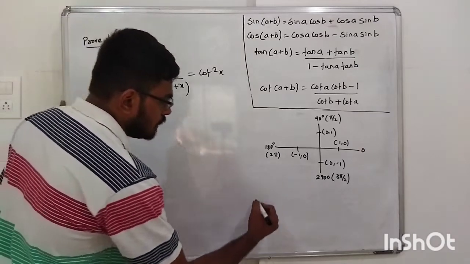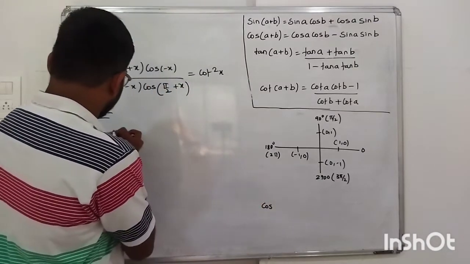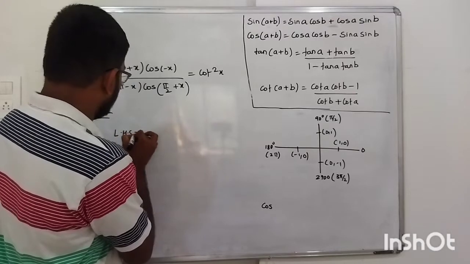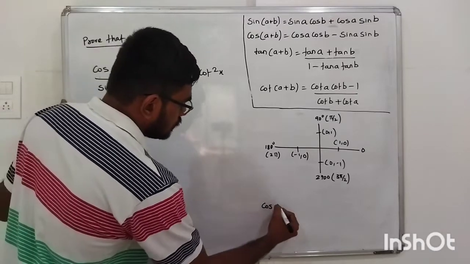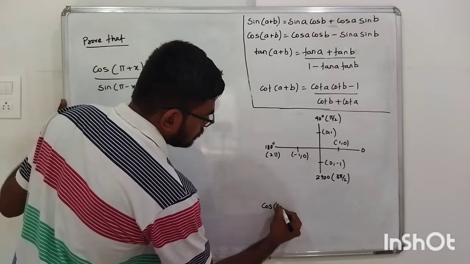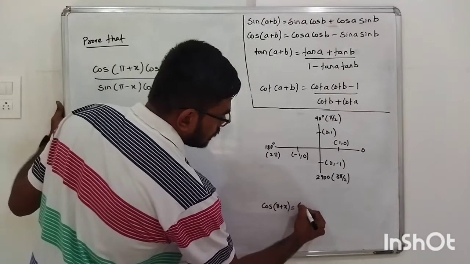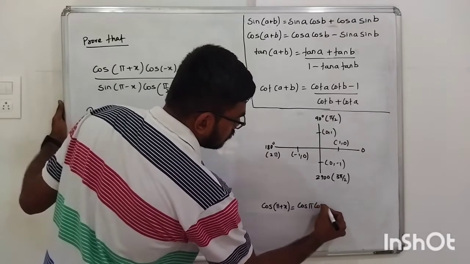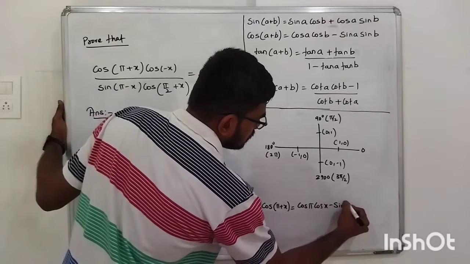So I'll do it in rough, cos of pi plus x. I'll write the answer of the LHS here. Cos of pi plus x is cos pi cos x minus sin pi sin x.